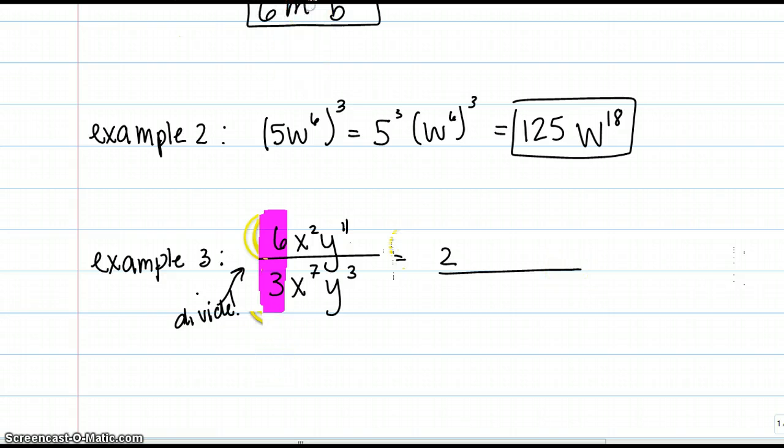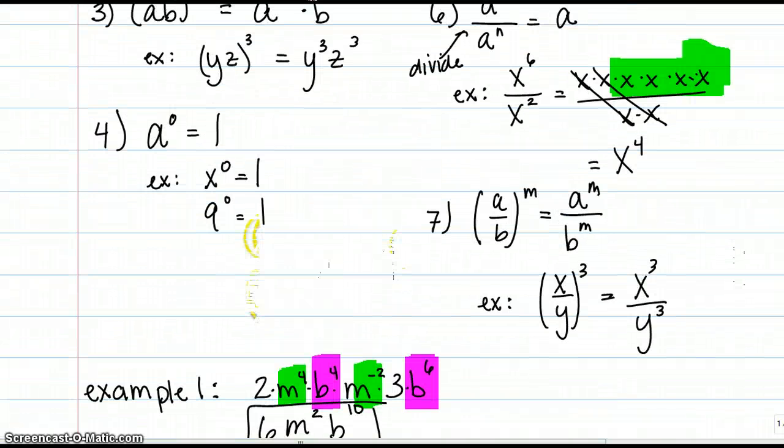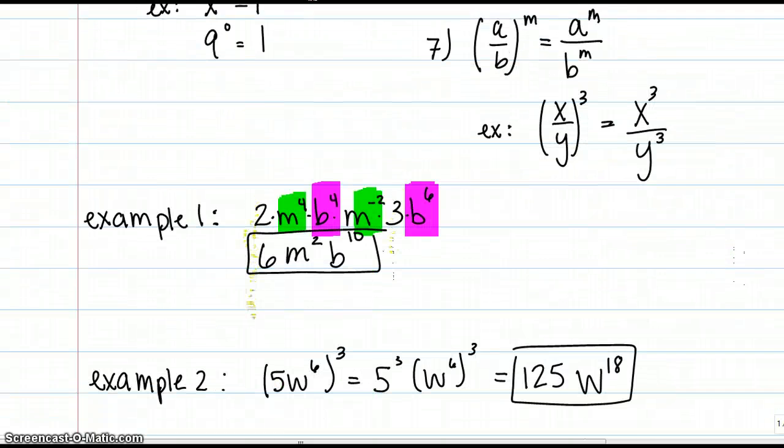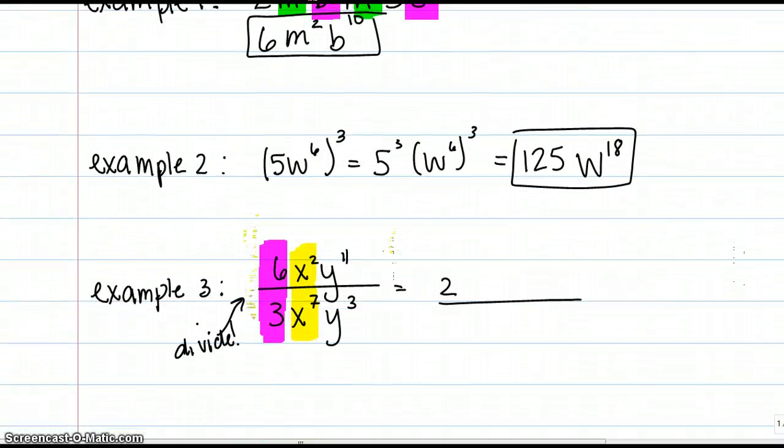So then I can move to the x's. I have x squared and x to the 7th. And if we scroll back up and we look at rule number 6, when we're dividing two values, we can subtract their exponents. But I want you to be careful of something here.